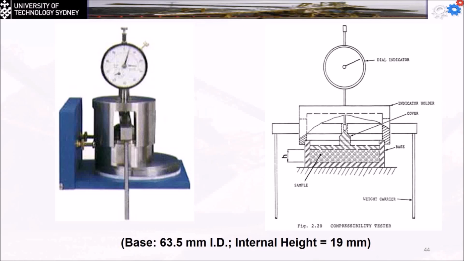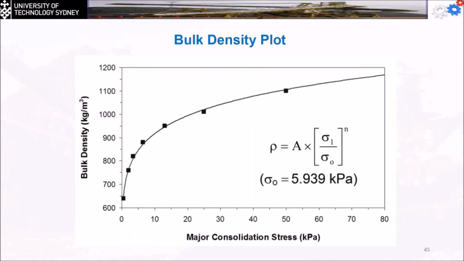So I'm going to end up with this diagram. This is the major consolidation stress in kilopascal, and this is the bulk density in kilogram per cubic meter. Put the points, use the Excel sheet to generate the line for you, and you can get the equation for it.